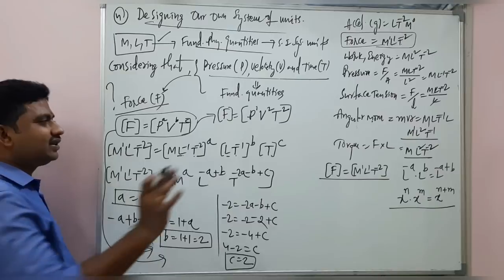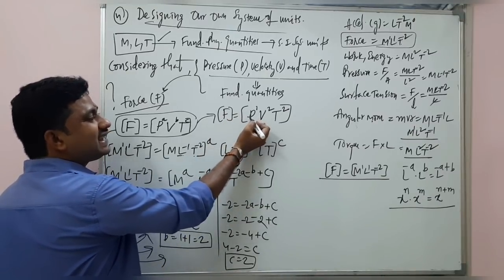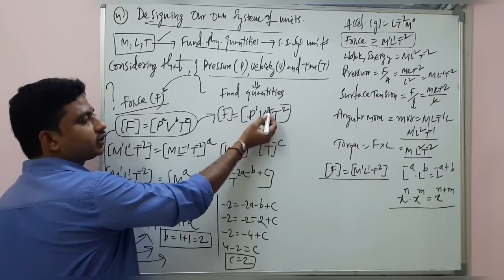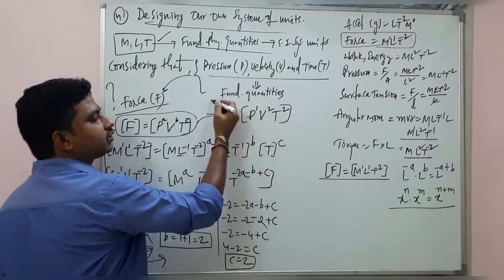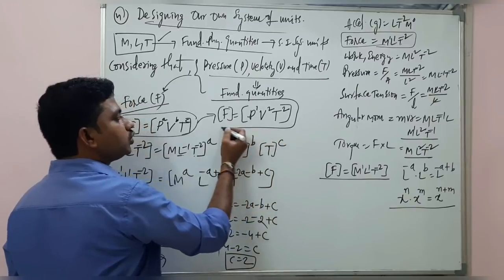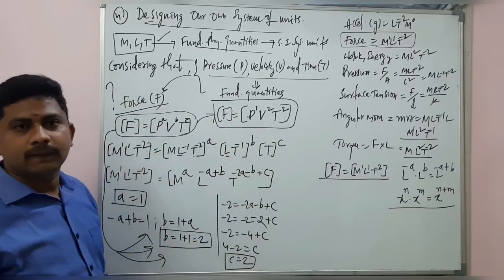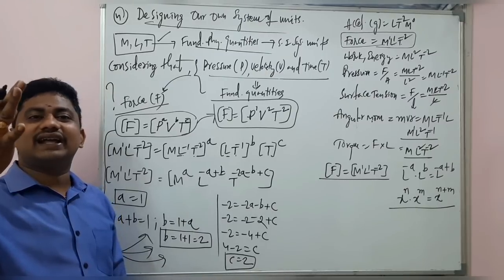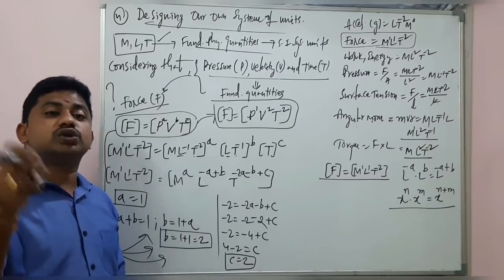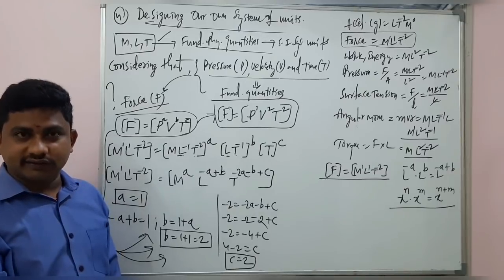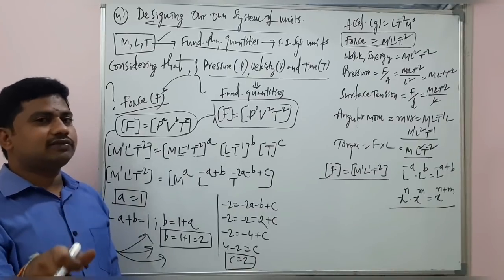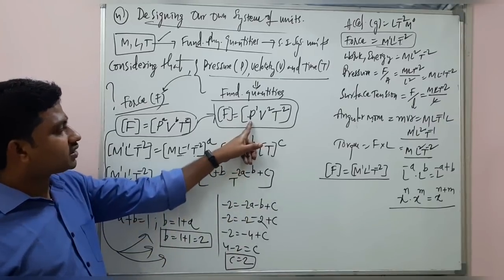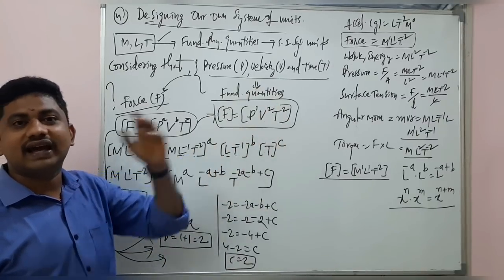To represent the force, pressure is raised to the power 1, velocity is raised to the power 2, time is raised to the power 2. So this is how you can write the force in terms of pressure, velocity and time when you choose your own system of units, in which you consider the fundamental quantities to be pressure, velocity and time.